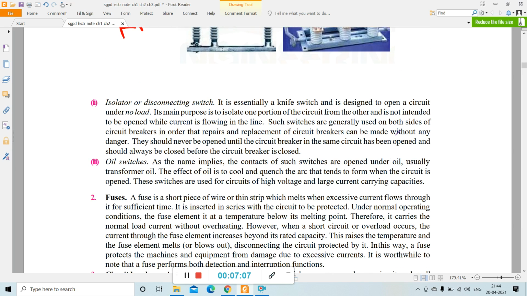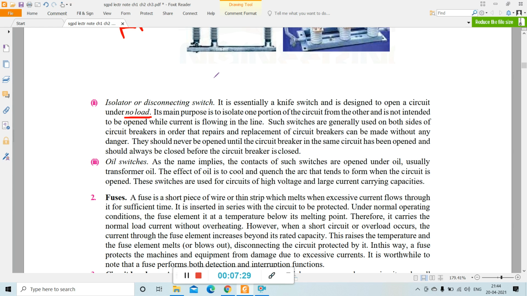Then the isolator. Isolator is a disconnecting switch. It is essentially a knife switch and is designed to open a circuit under no load condition. Particularly, it is operated in no load condition. So its main purpose is to isolate one portion of the circuit from other and is not intended to be opened while current is flowing in the line.